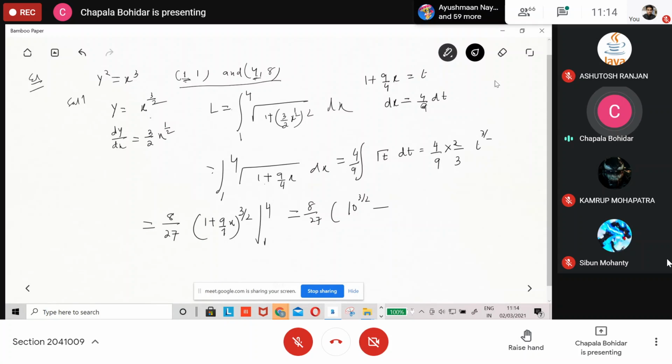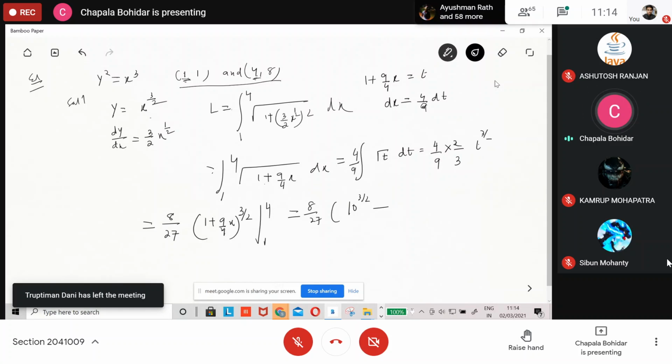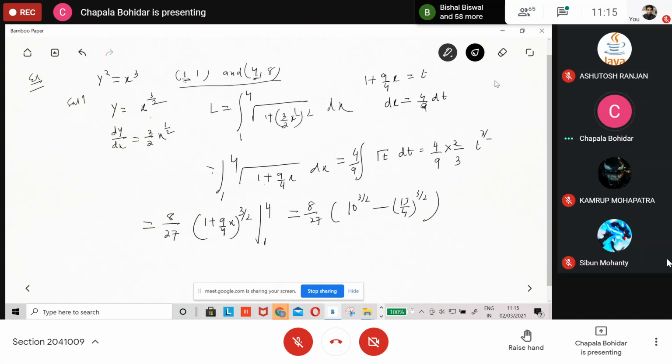Then minus, when I am putting x is equal to 1, it is 13 by 4 to the power 3 by 2. So you have a calculator, you can find out your value now and write it down.